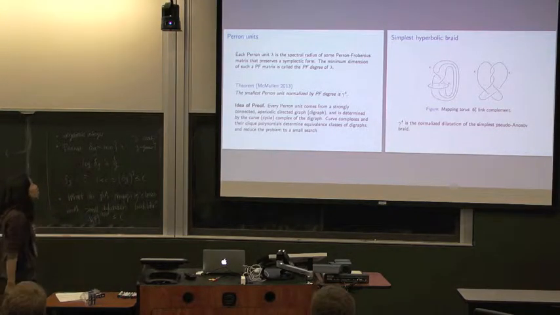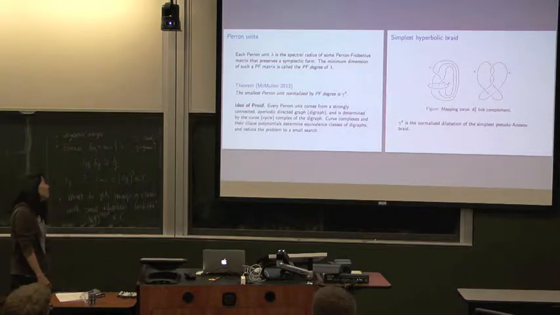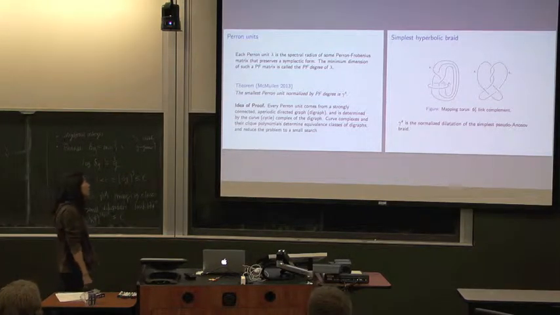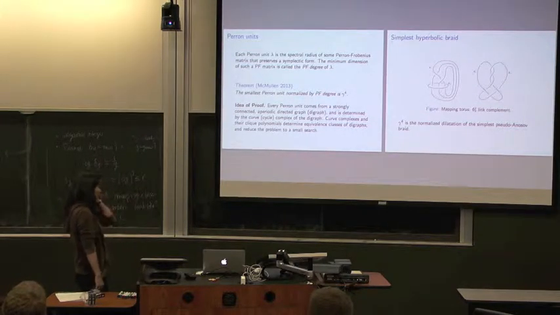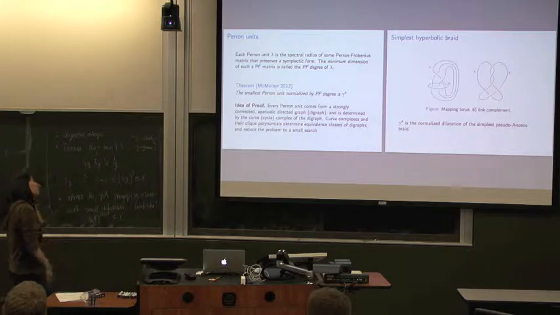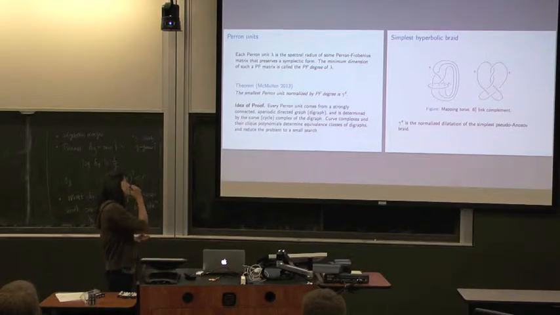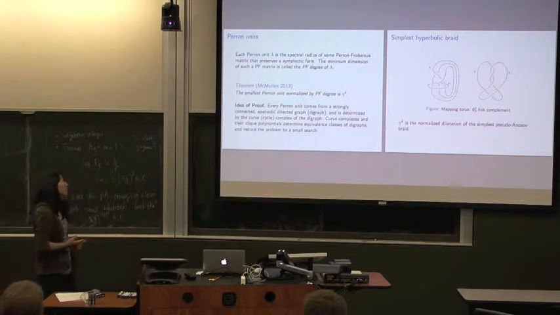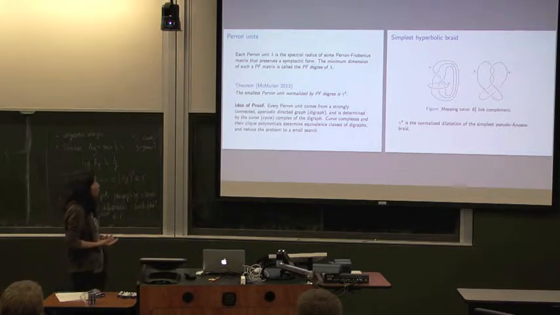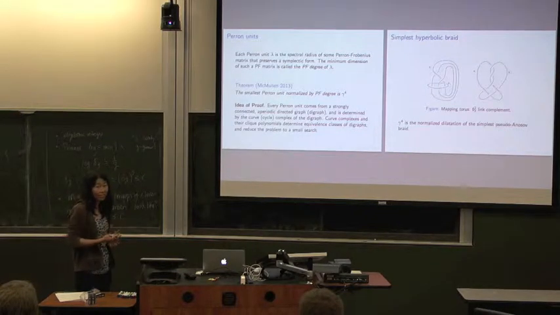In terms of linear algebra, you get a Perron-Frobenius matrix, and the dilatation is its spectral radius. So that's always a Perron unit, and every Perron unit can be obtained that way. McMullen showed that the smallest Perron unit, normalized by the Perron-Frobenius degree, so the dimension of that matrix, is gamma to the 4th. That's a very strong piece of evidence for that conjecture.